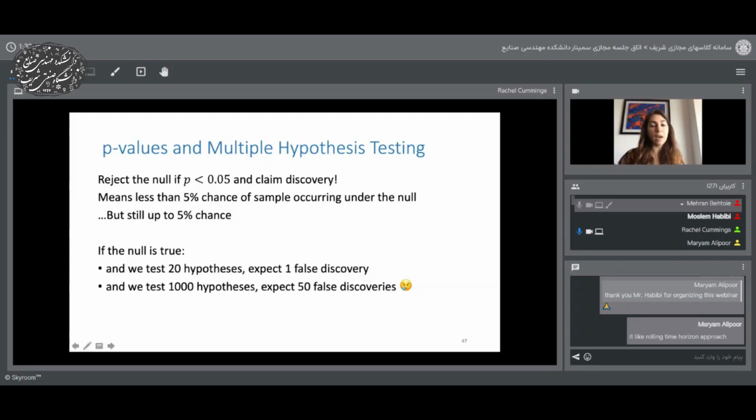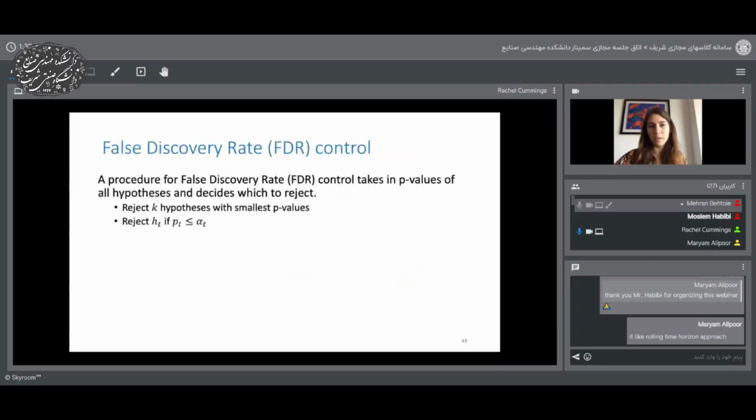And if I test 1,000 hypotheses, I expect like 50. If I'm doing genomic testing, I might be testing millions of hypotheses, and I expect a pretty large number of things that are not true. And so we have to control for this. And so this is the problem of doing false discovery rate control.